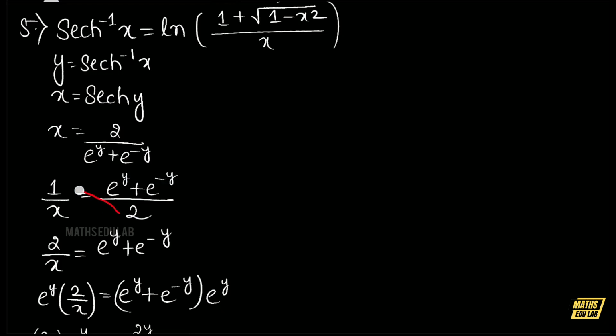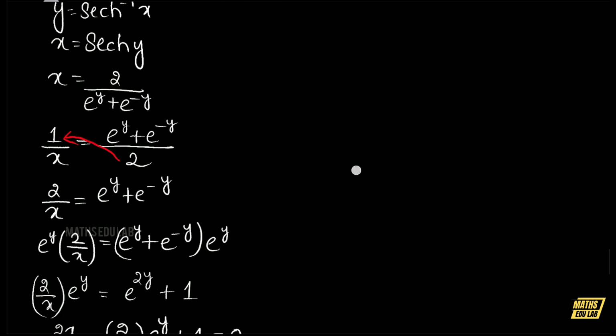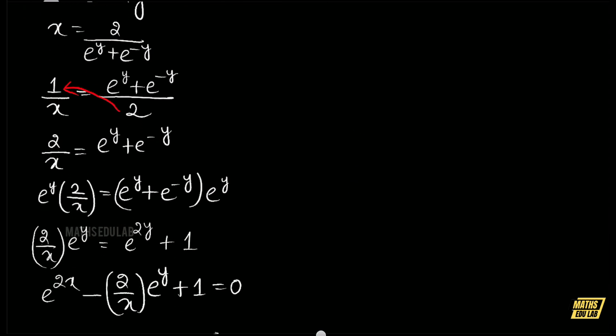Now multiply this value to the other side and we get 2 upon x is equal to e to the power of y plus e to the power of minus y. Now we will multiply e to the power of y on both sides. We get e to the power of y into 2 upon x is equal to (e to the power of y plus e to the power of minus y) into e to the power of y.